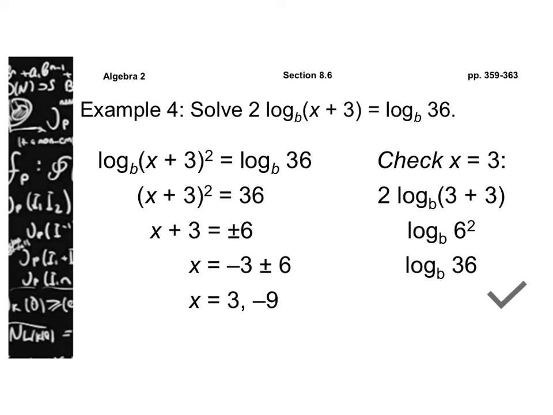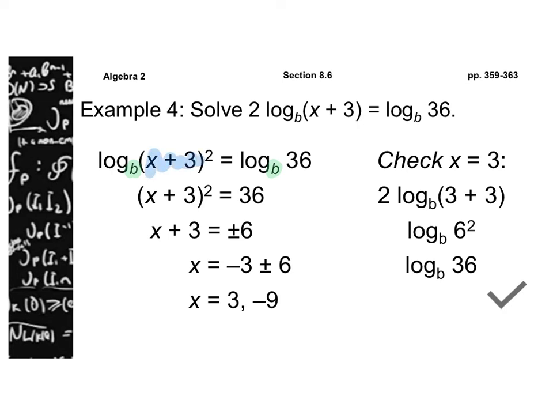Okay, example 4. Now we've got to solve this. I look at this and I think, okay, well, first off, notice that I have log base b and log base b, which means I can take the interior bits and set them equal, right? If we're taking log base b of both of them, then they have to be equal.